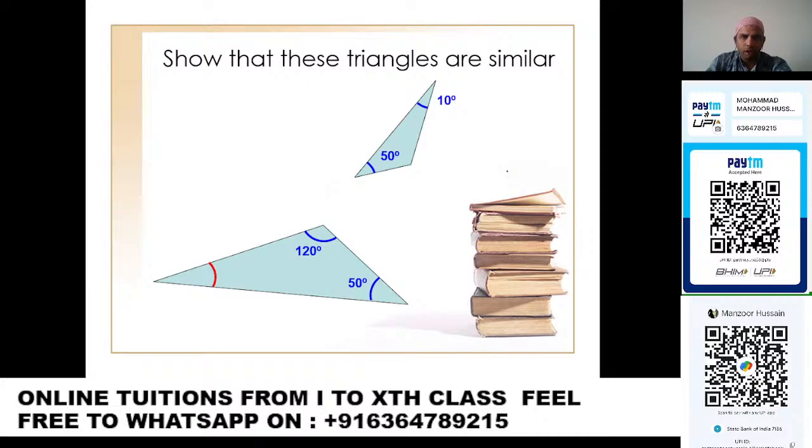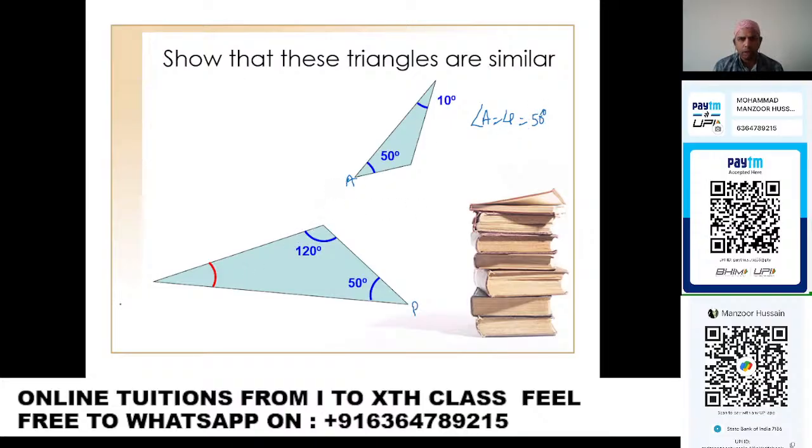Whereas, if I want to say that these triangles are similar, then I need to mention that all the angles are similar to each other. If I say A is this and P is this, these two angles match because the angle size is 50 degrees.